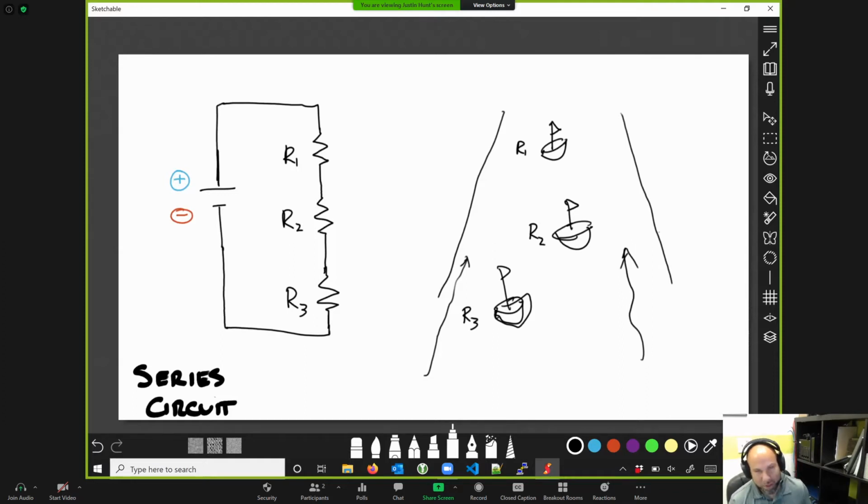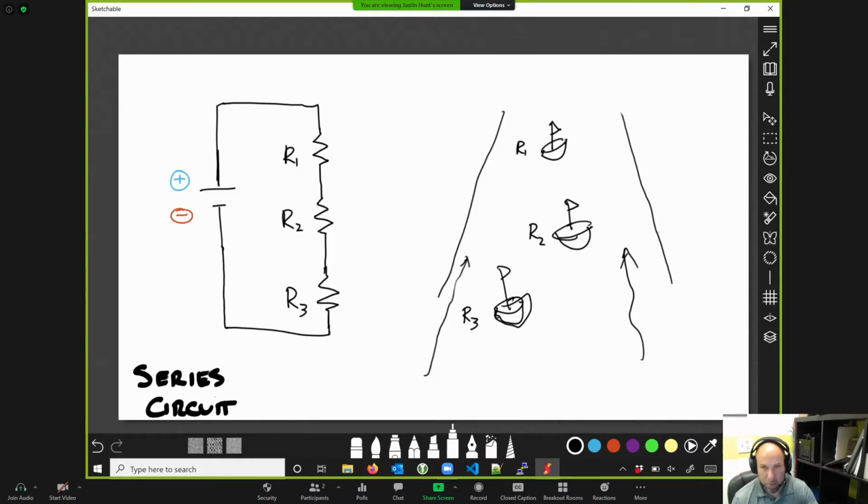You're still going to feel the same volume of water rushing downriver as you're in the boat. And that's pretty much what's happening with these resistors. When they're in series and there's no other way that the current can go, they're feeling the exact same quantity of electricity rushing through them.